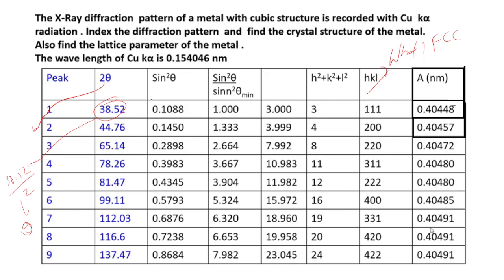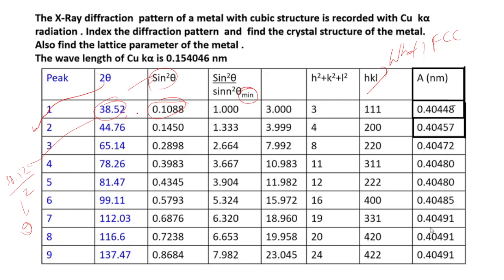Once we get the theta value, we find sine square theta for all of these peaks that we got. This is roughly the sine square theta of all these values. Then we take the sine square theta of a particular value divided by sine square theta of the minimum value.